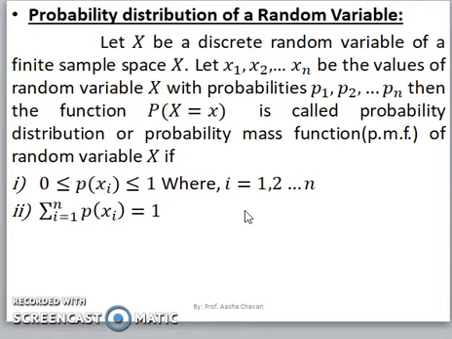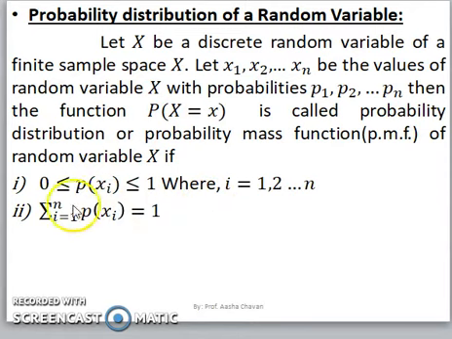First, the probabilities of values xi should lie between 0 and 1, where i varies from 1 to n. Second, the summation of all probabilities, summation i equal to 1 to n, p of xi, should be equal to 1.